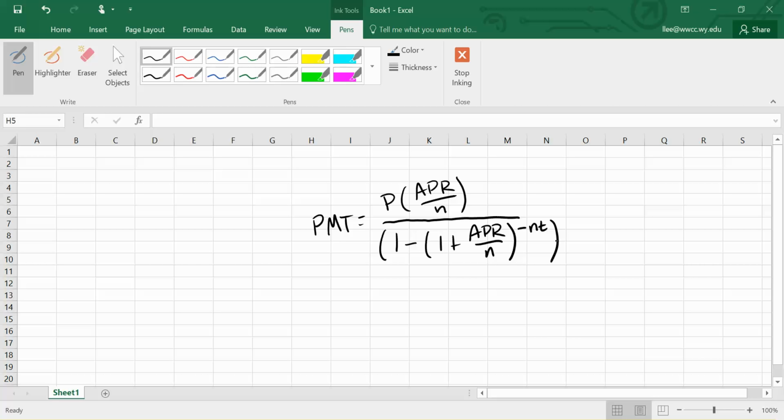That's a pretty hefty formula to continue to use in a calculator, so I'm going to show you how to utilize Excel to get this done.